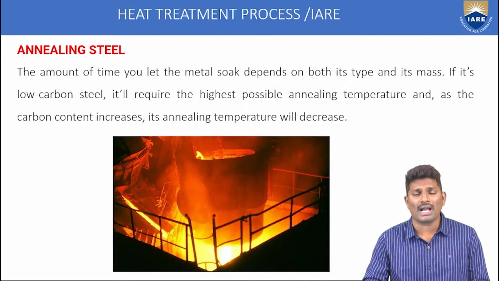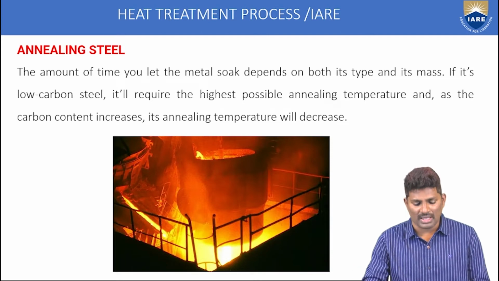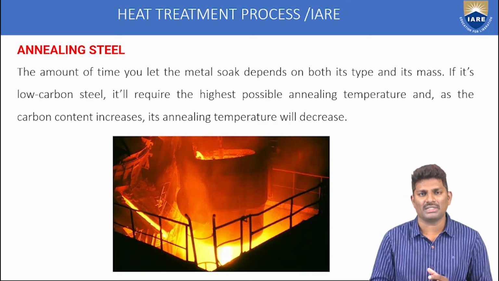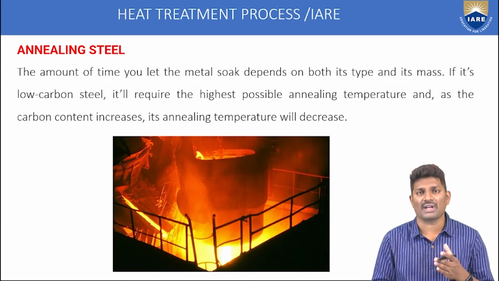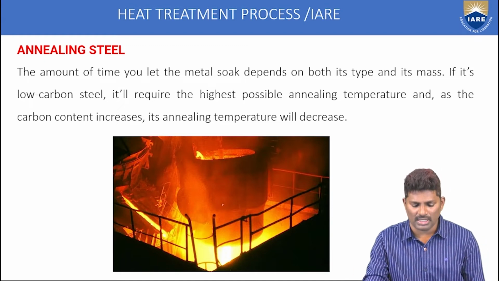If it is a low carbon steel, it requires the highest possible annealing temperature, and as the carbon content increases, the annealing temperature will decrease. Whether it is low carbon steel, medium carbon steel or high carbon steel, depending upon the carbon content present inside the body, the time taken to cool the system will vary. So this is how we do the heat treatment process.